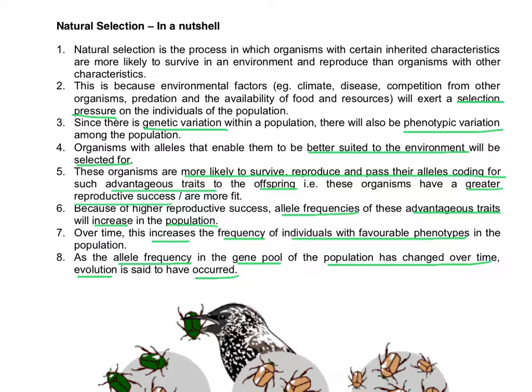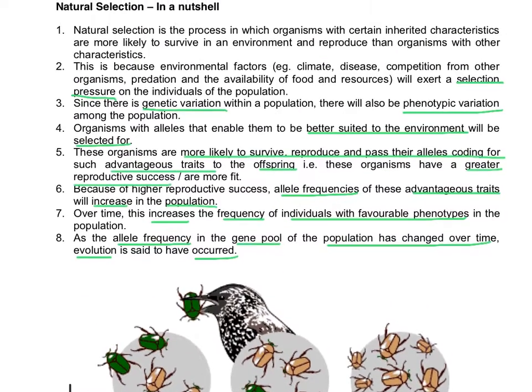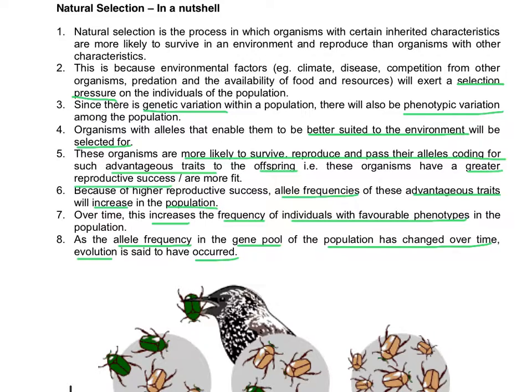But you need to tweak it according to the context. For example, if it was about the picture below, where the predator is a bird eating beetles from the tree bark. It looks grey, but it's supposed to be tree bark, so imagine it brown. You will probably need to change things.